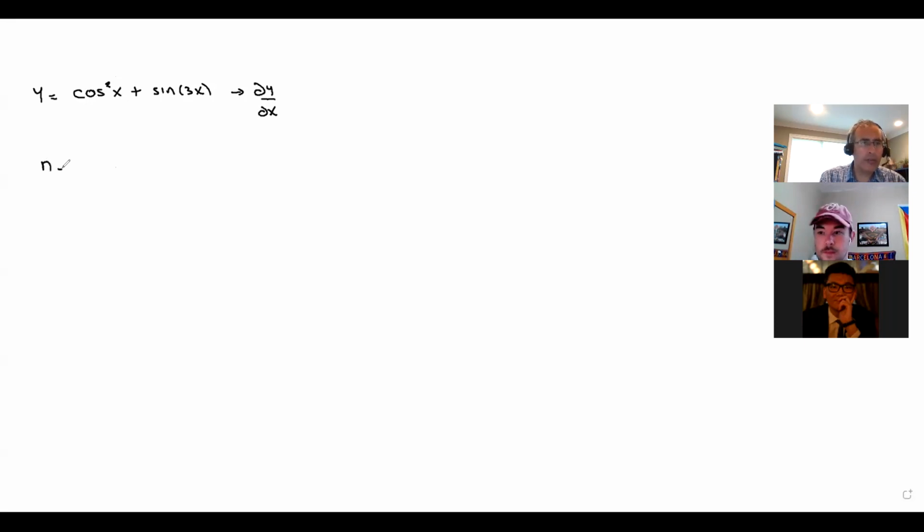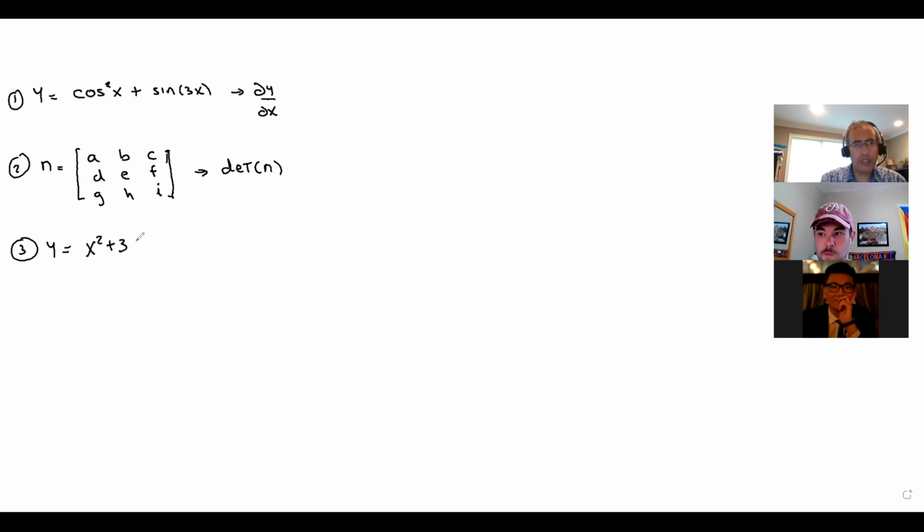Then imagine that you have a matrix A, B, C. I want you to find the determinant of it. I have y equals x squared plus 3x plus 2.